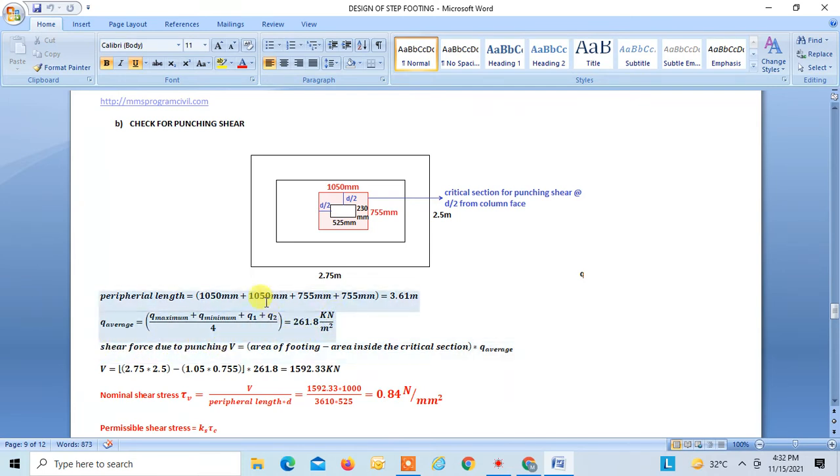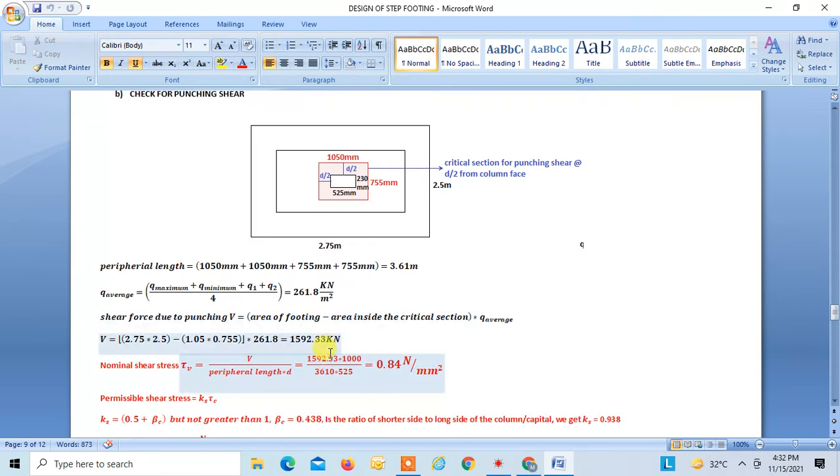The shear force V is equal to this area minus this area, that is what I've written over here, into q average. So that is equal to 1592.33 kilonewton. Once you know the shear force which has to be resisted by this periphery section, we know how to find the nominal shear stress, V divided by periphery into d. That is equal to 0.84 Newton per mm square.